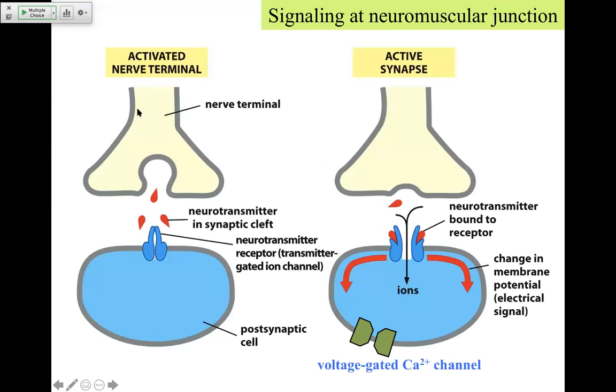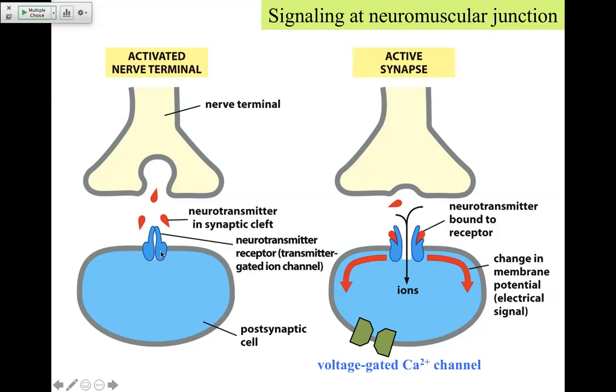We remember that at a neuromuscular junction, when the electrical signal reaches the nerve terminal, it causes fusion of the secretory vesicle, releasing the neurotransmitter. Remember what that neurotransmitter is? Anybody remember? Acetylcholine, right?